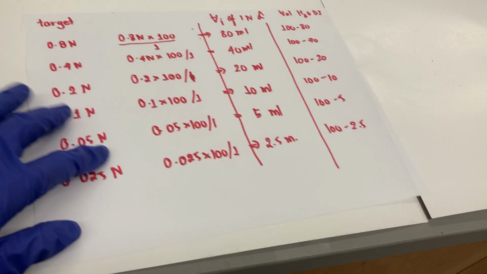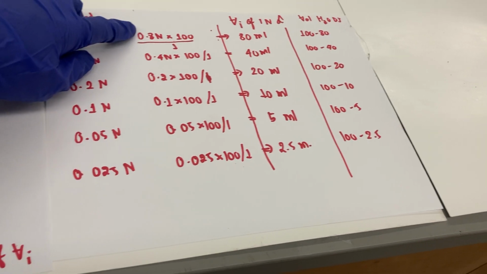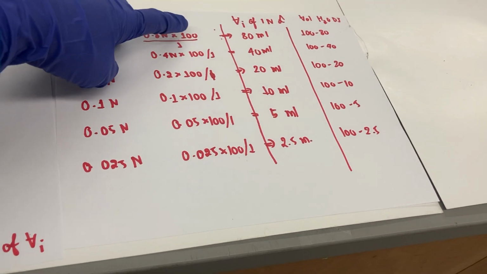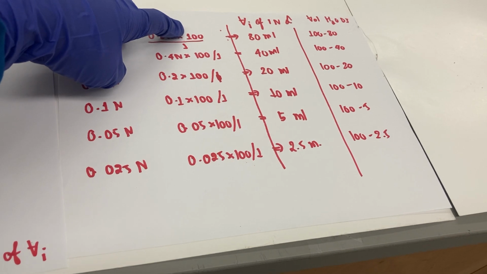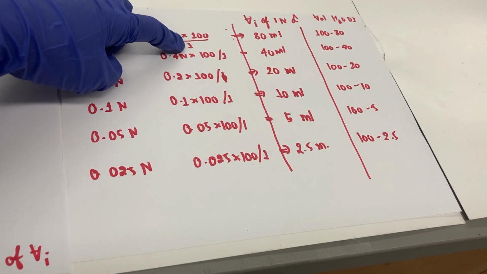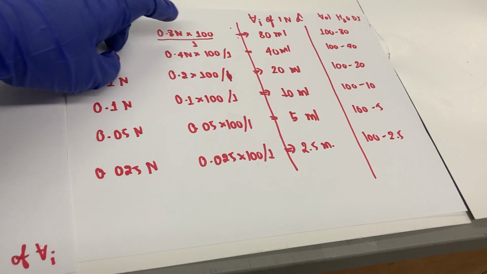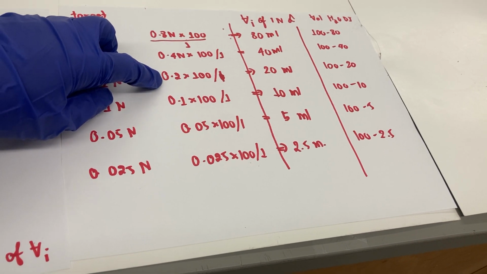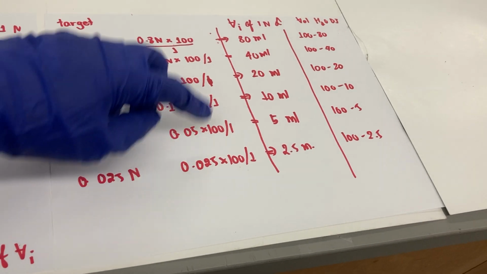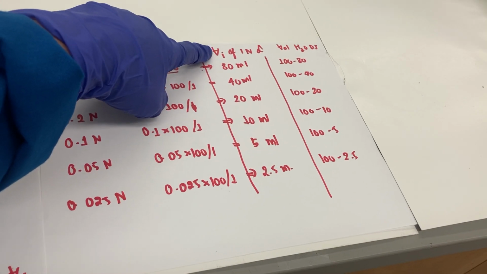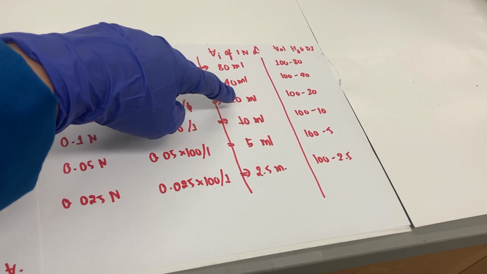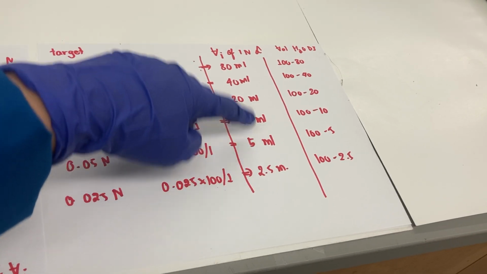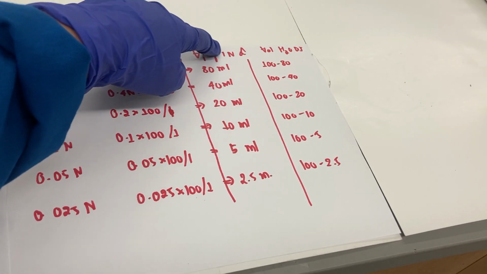Let me show you this one. Target concentration multiplied by the final volume that you want, divided by the initial concentration. You do them all. This one is your new target concentration. Then toward the end, you're gonna go get each volume, 80, 40, 20, 10, of 1 normal acetic acid.